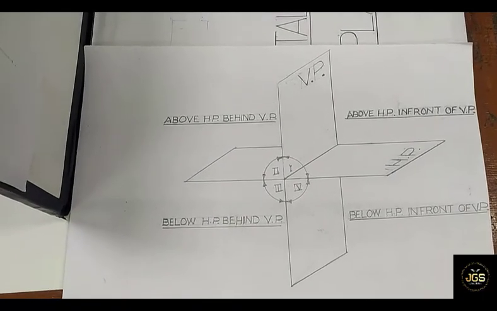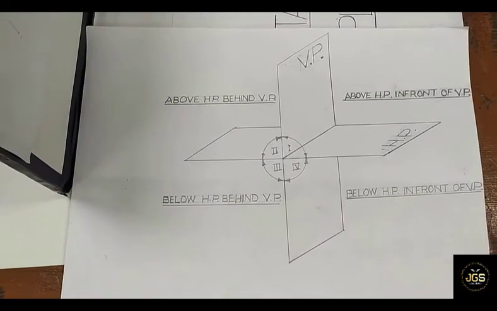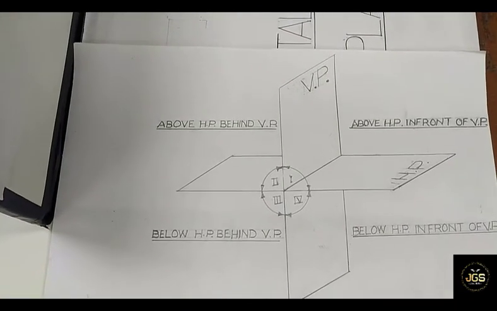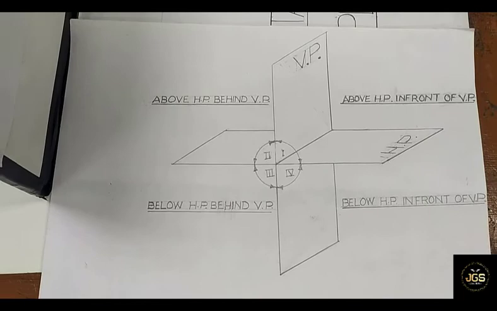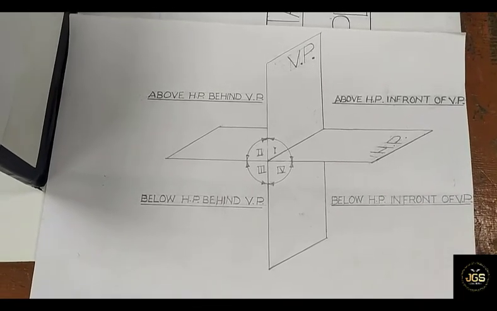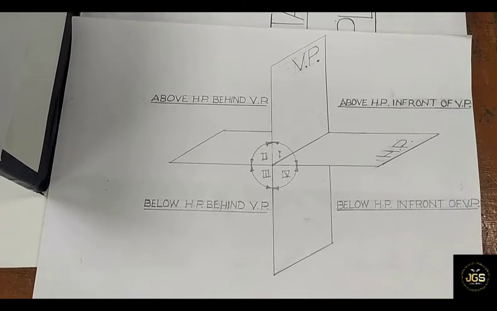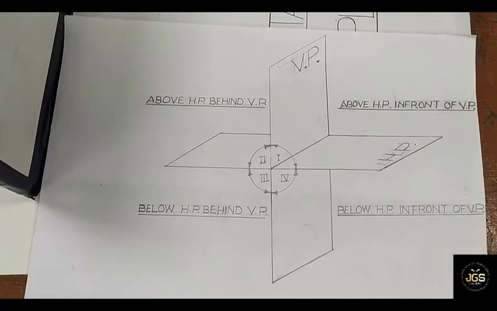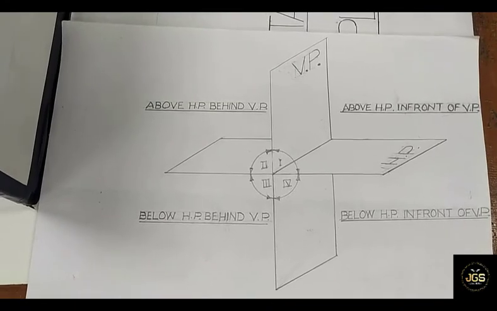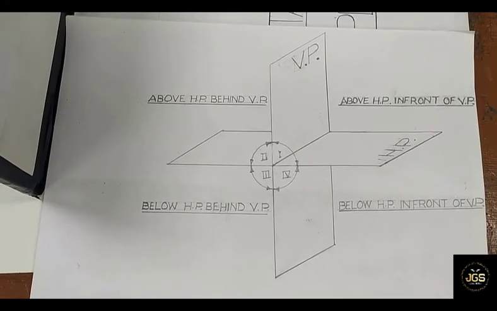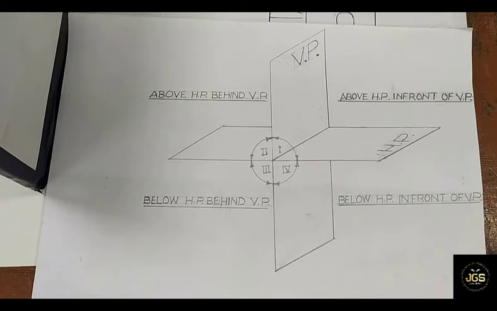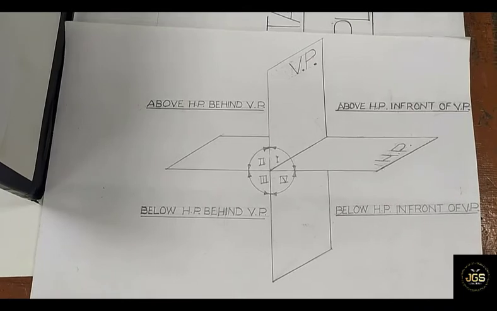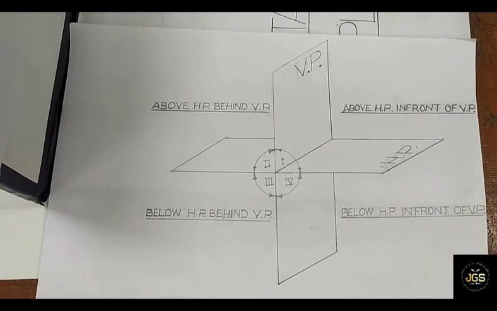The projections are obtained by drawing perpendicular from the object to the planes, that is by looking from front and from above. It should be remembered that first angle projections and third angle projections are always opened out while rotating the planes, that I can show you over here.